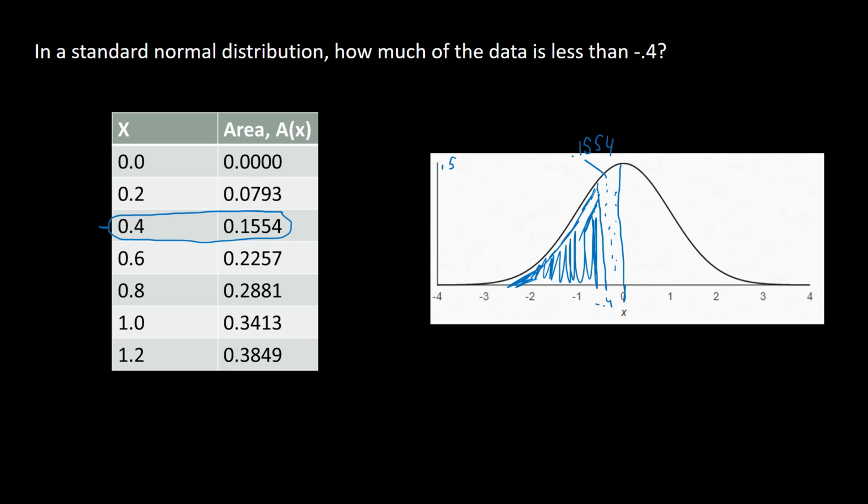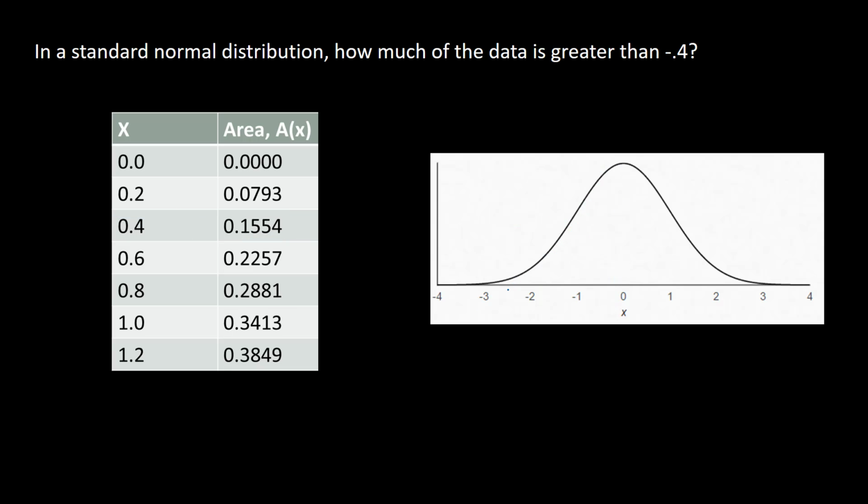And we know that the 0.5 is made up of the 0.1554 plus this unknown value. If we take x plus 0.1554, that's going to give me 0.5. Or I can subtract 0.5 by 0.1554. And when I do that, I'm going to have 0.3446, or 34.46%.